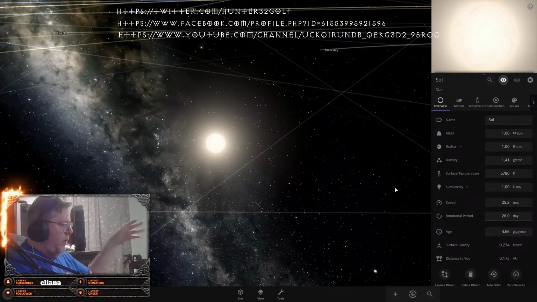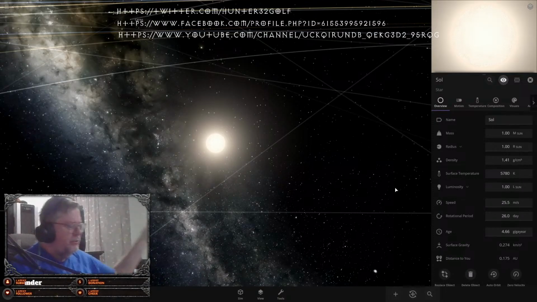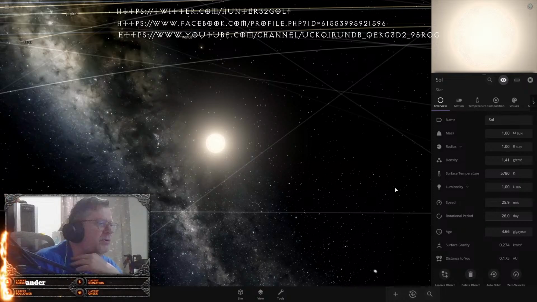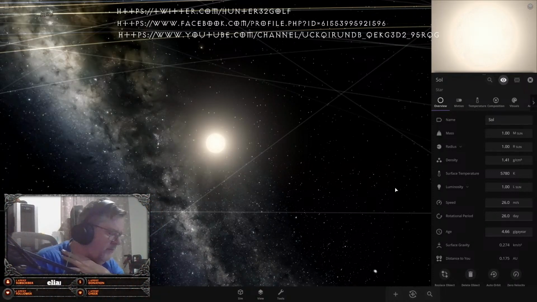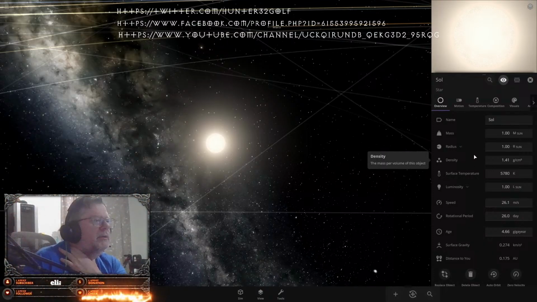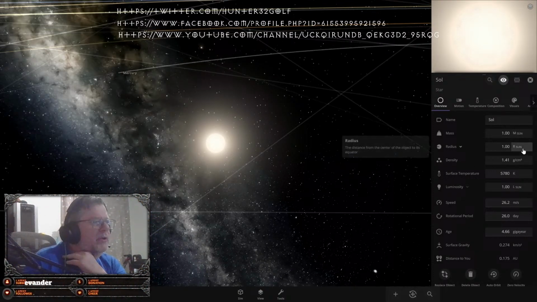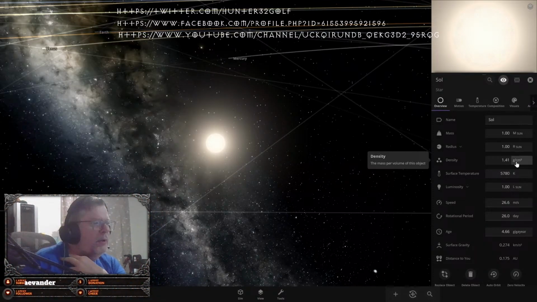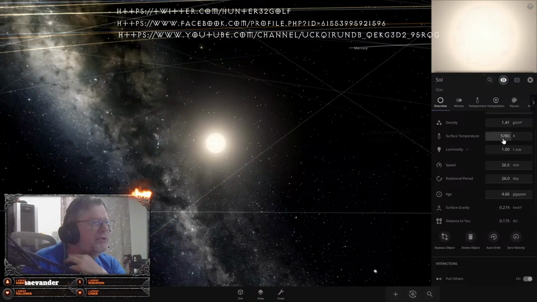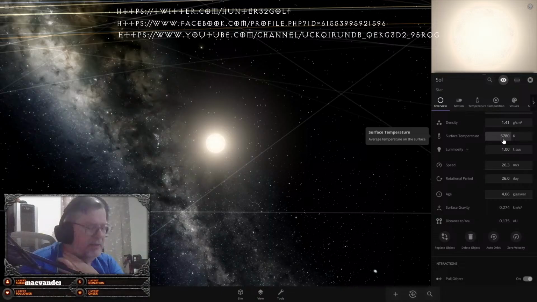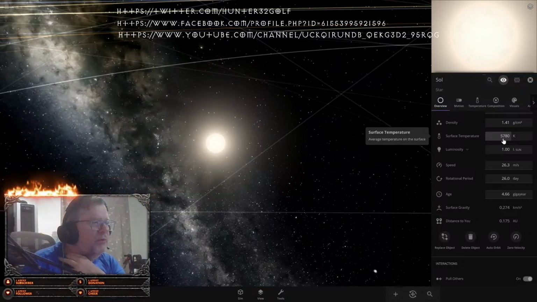And then that ranges all the way up to suns that are absolutely white hot with surface temperatures of at least 35,000 Kelvin. So if we look at our sun, it's one mass of our sun, one radius of our sun. Its density is 1.41 grams per centimeter. Surface temperature is 5,780 Kelvin. Let's say that I cut this in half. It's roughly 5,000.